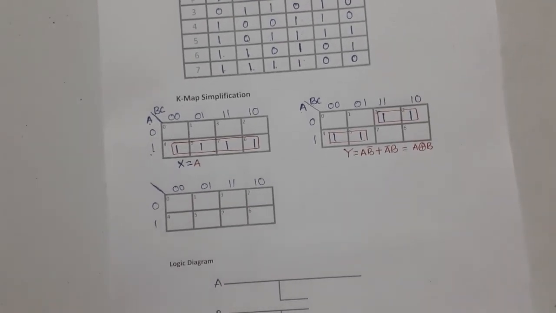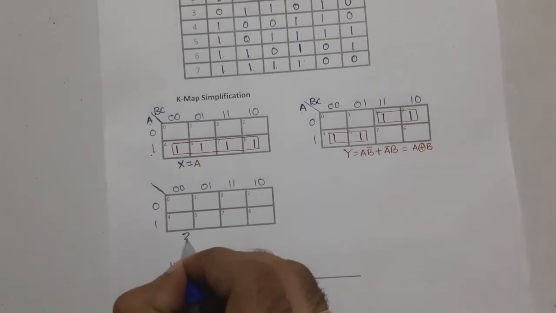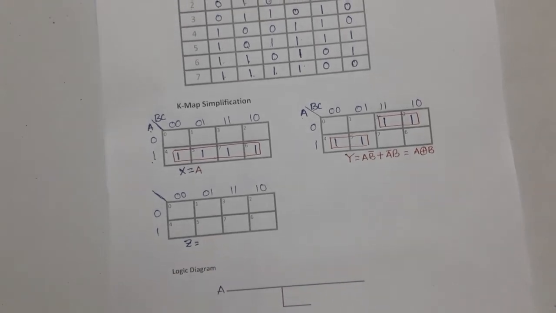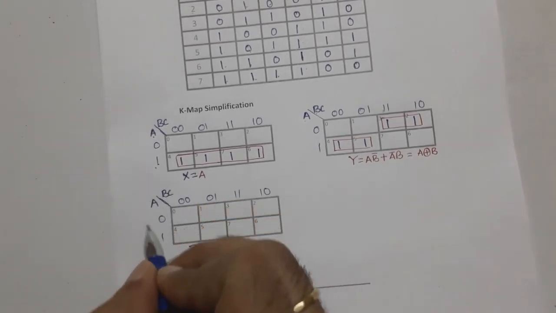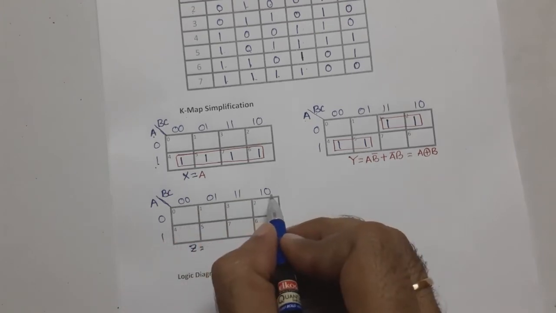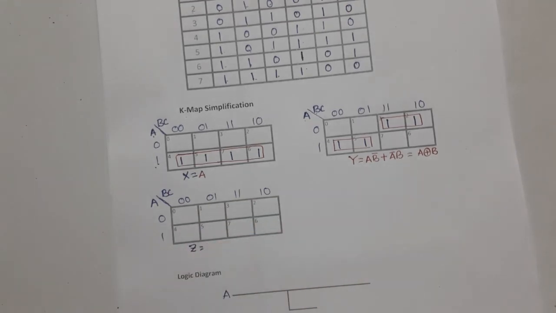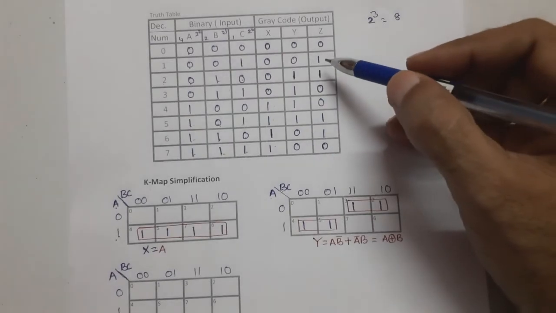And come to the third one, which is nothing but Z. Expression for Z. Now the inputs are A, B, C and the possible combinations here are for BC and for A. Now to fill this, again observe the position of ones here in this truth table.